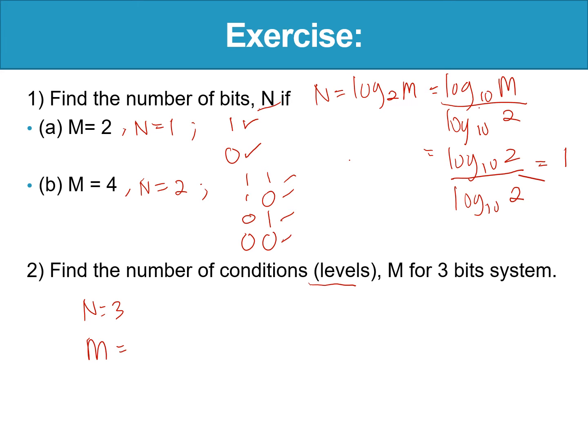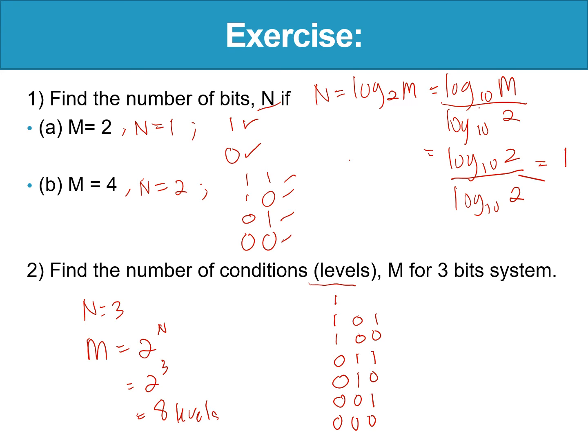Now M is equal to 2 to the power of N, which is 2 to the power of 3, equal to 8 levels. So here we have 8 combinations of bits: 000, 001, 010, 011, 100, 101, 110, and 111. So here we have 8 levels.